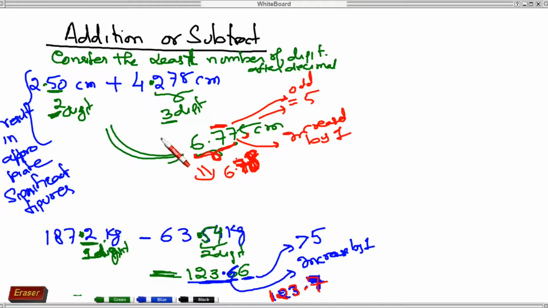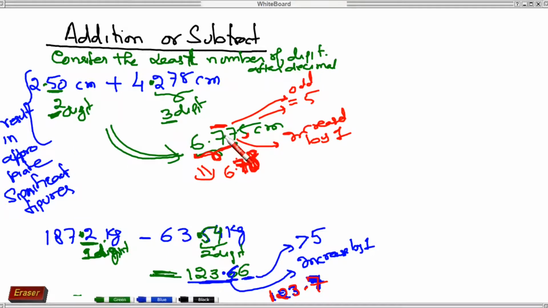So in case of addition and subtraction, we will consider the least number of digits after decimal. Here we are having two numbers, so first we find the number of digits after decimal, and we consider the least number of digits.